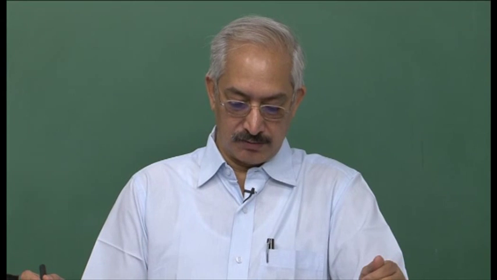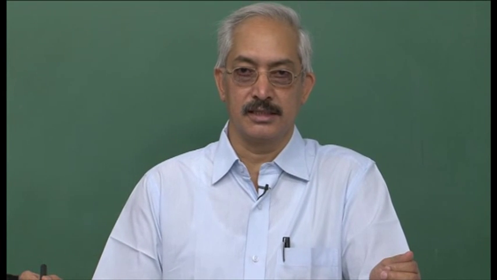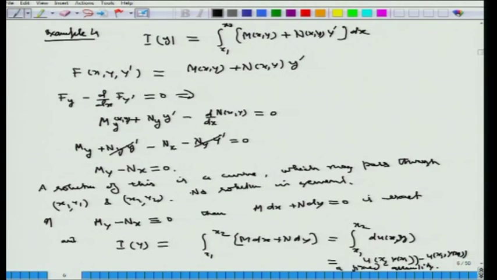In the second case, when M_y minus N_x equal to 0 is an identity, we see that the integrand can be written as M dx plus N dy, and it is an exact differential.